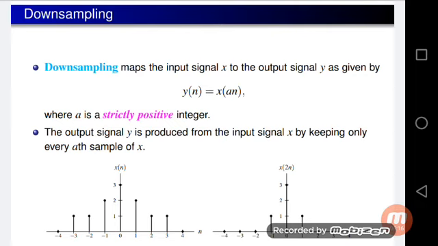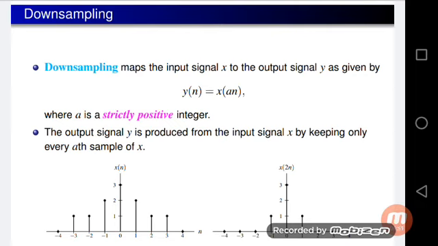That means the discrete signal DT is obtained by sampling. That means CT is converted into DT. CT means continuous time signals and DT means discrete time signals.